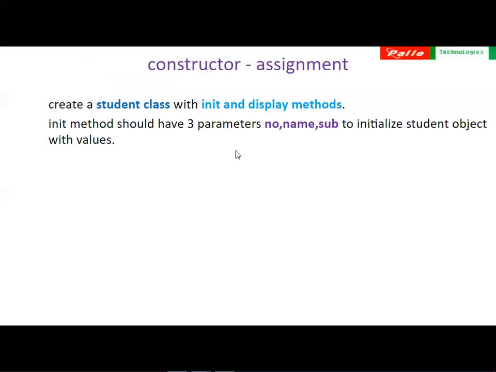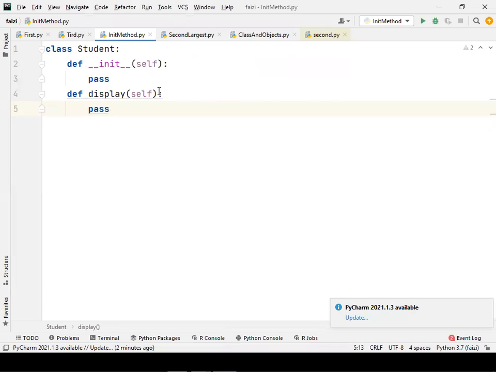That means what we have to do? So how many parameters? Number, name, subject.